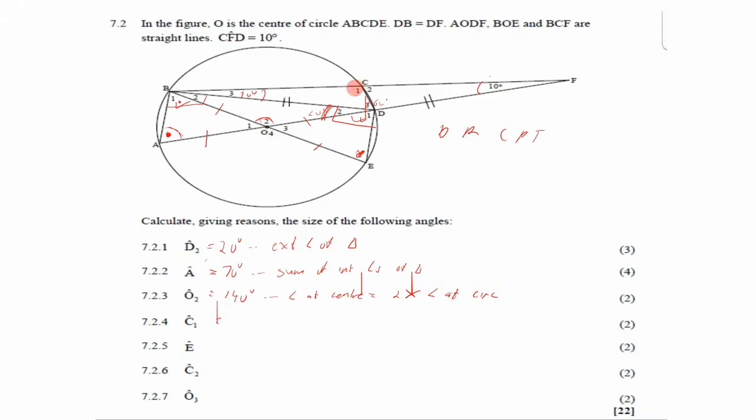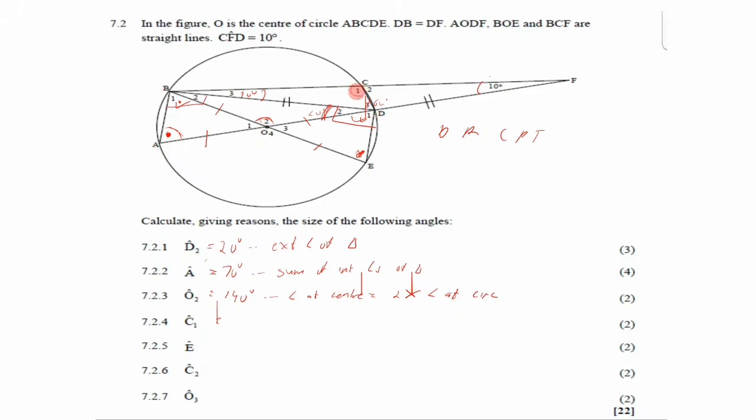Then let's get to C1. So where is C1? C1 is here, right? Let's check C1 with A here. If you check A, B, C, D, you can see that this is a cyclic quad. All the vertices touch the circumference, right?